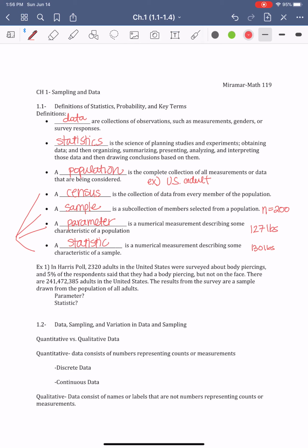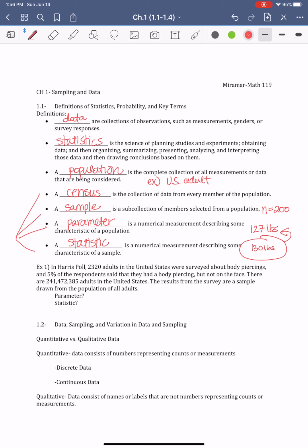Now you want to select the sample nicely so that the statistic is reliable and very close to the actual parameter value. And we are going to talk about how to select samples more carefully so that we don't get biased results and we get more accurate data. Okay, so that's pretty much it.